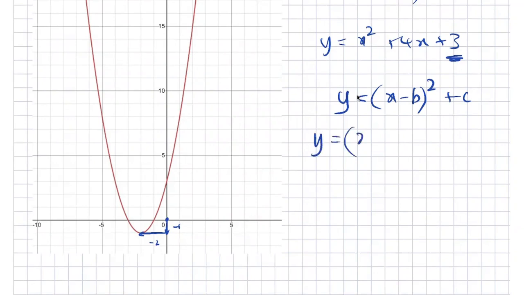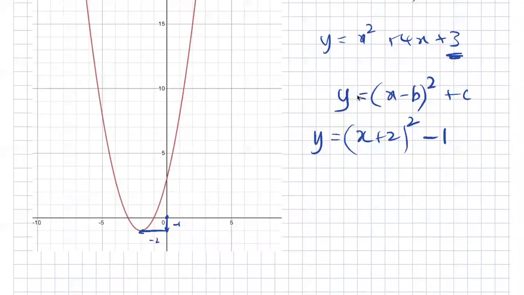And so that becomes x minus -2, and x minus -2 is x plus 2 squared, and then plus c. Well, we've gone down 1, and so that plus c becomes -1. And that's the equation for it as well. And as I've mentioned, there's no need to worry about a scale factor, which we would have snuck in there, but we're not looking at that.